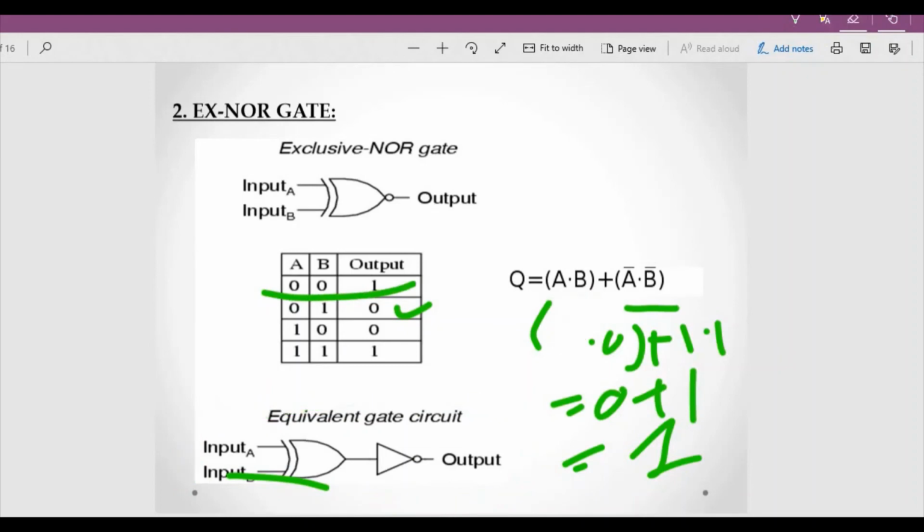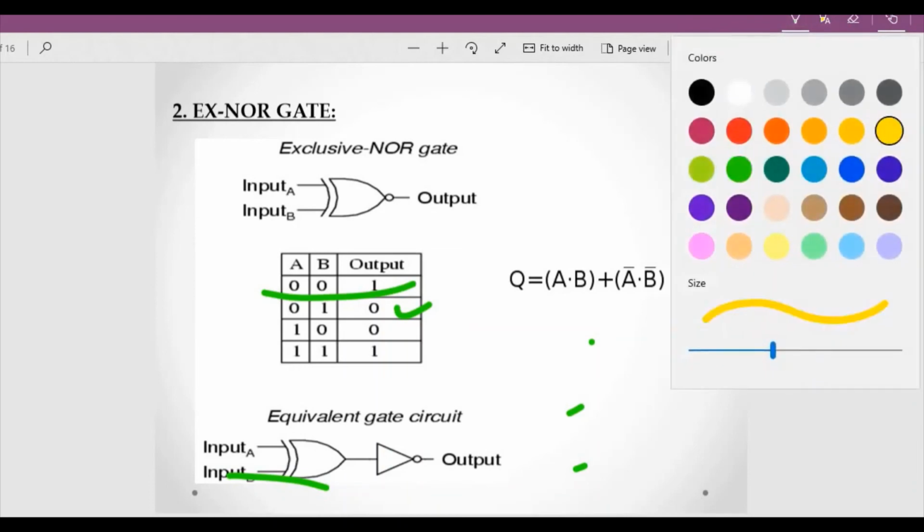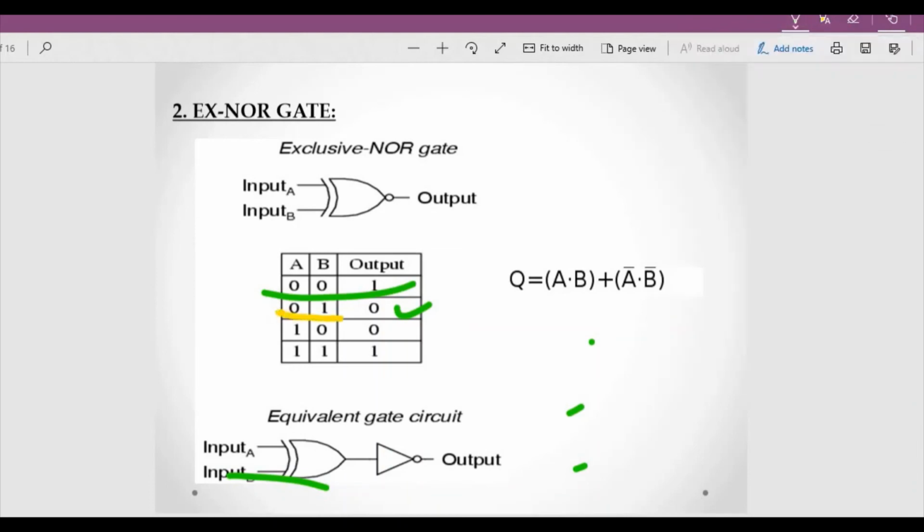Now we are taking the second case, and the second case would be 0 and 1.